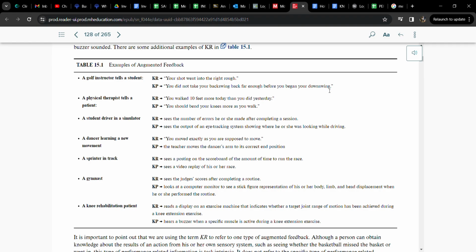That created your shot going to the right, right? You need to know about that information in order to improve your performance so that you can get a better result. So knowing about your results is great, like understanding, okay, what did I do? That's awesome, but you also want to understand what your performance is too, so that you can further improve that and get a better result next time.